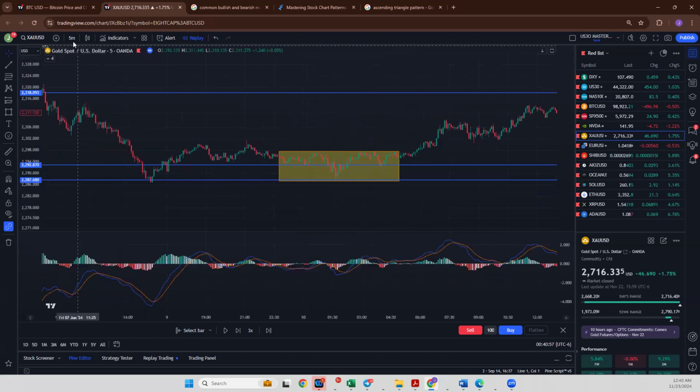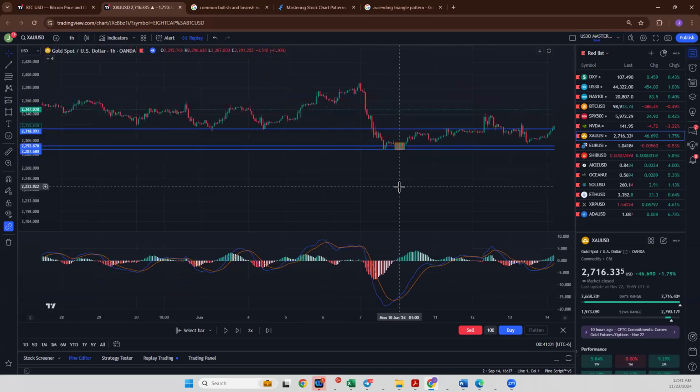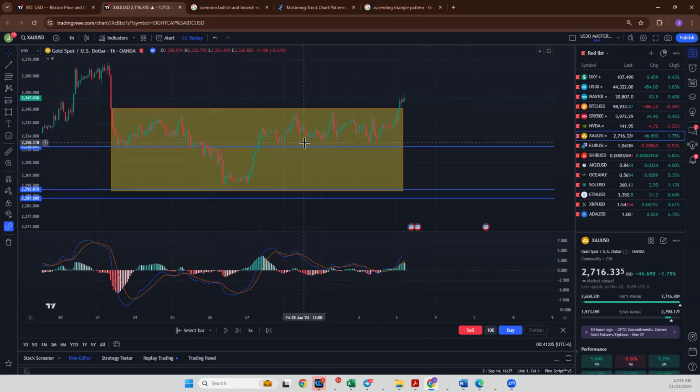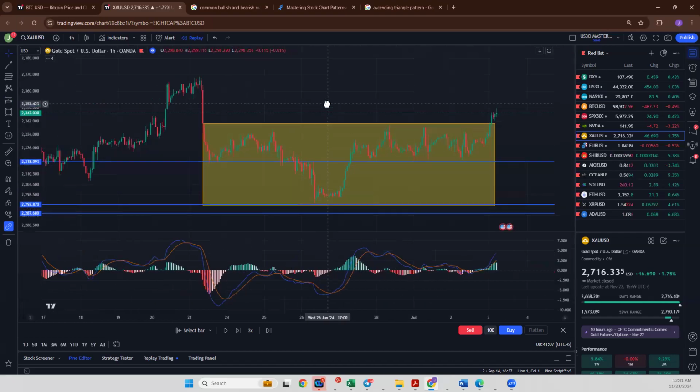So if we added in some more depth to this, right? What happens when we also use some extra tools as well? When we consider the use of extra tools, like maybe your MACD, let's see here.